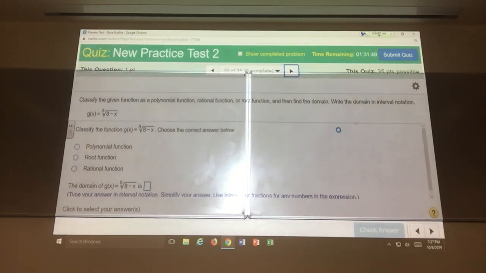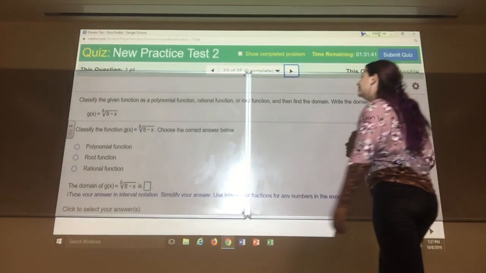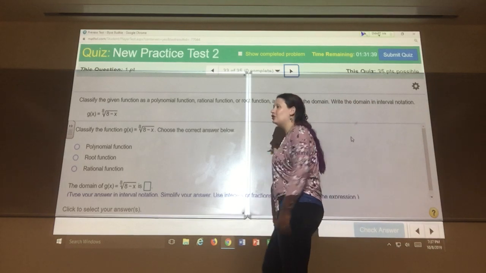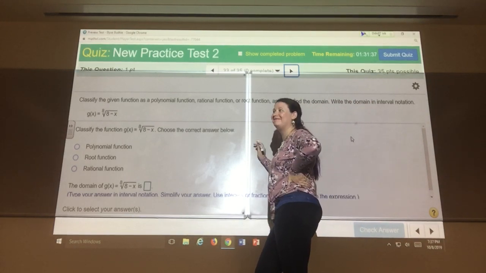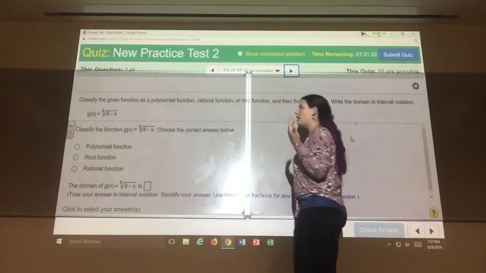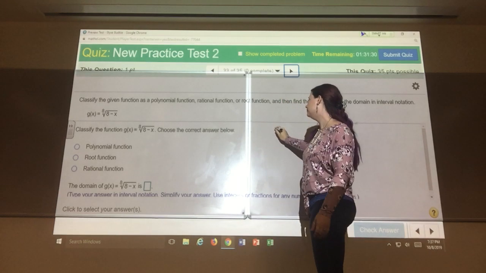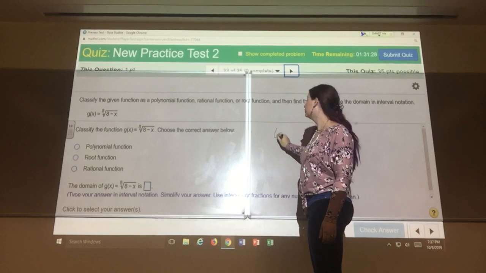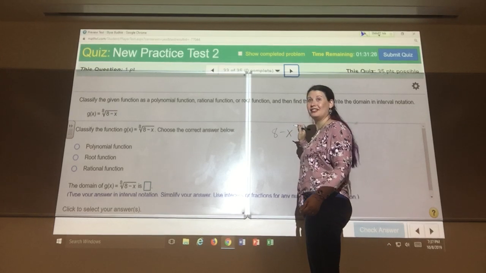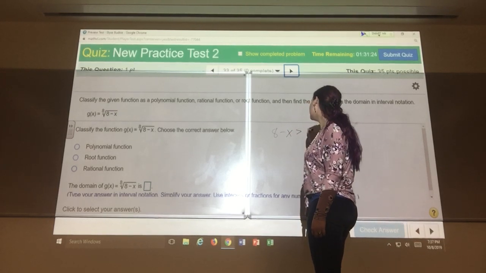Okay. What about this one? The root, because there's a root. So how do we figure out the domain of a root function? It can't be a negative. So how do we set that up? 8 minus x is greater than or equal to 0.